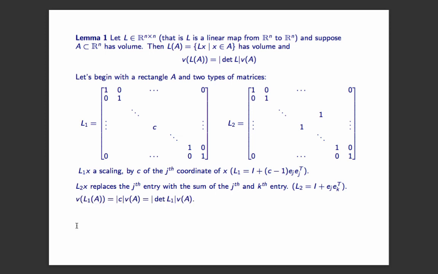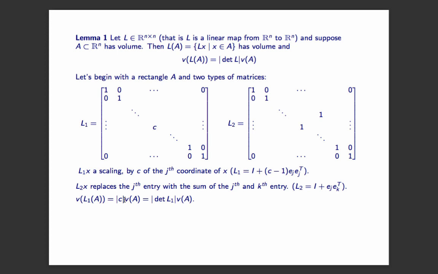Now, if we consider what L1 would do to a rectangle A, well, if A is just the cross product of a bunch of subintervals in each coordinate direction, then each of those intervals remain the same except for the jth one. The jth one gets scaled by C. So all I'm doing is taking my rectangle and taking the jth coordinate and extending it by C. And all the other dimensions of my rectangle stay the same.